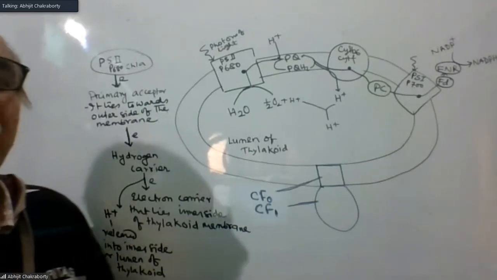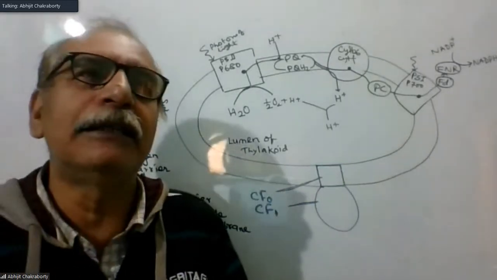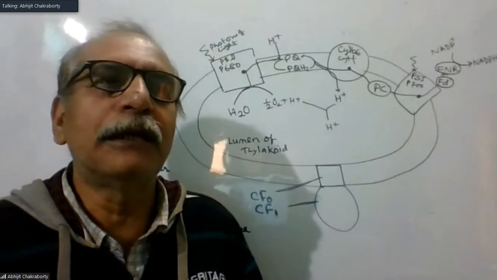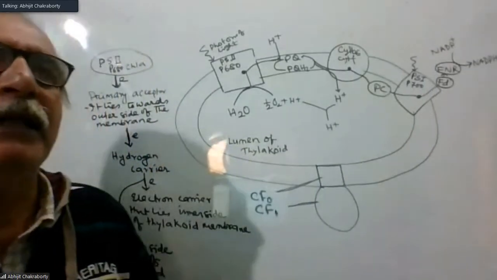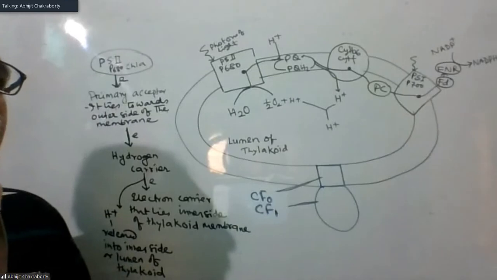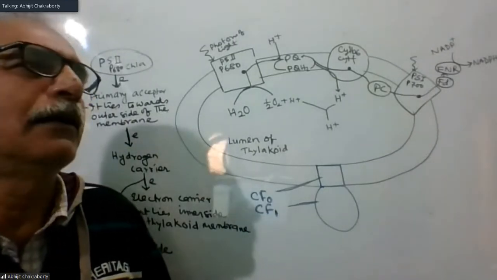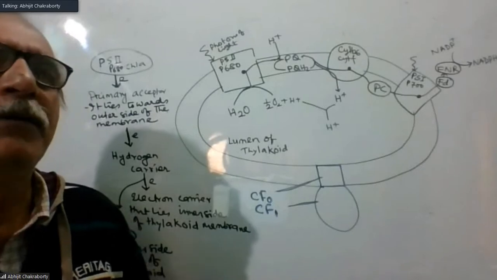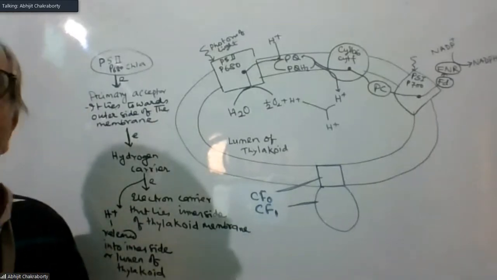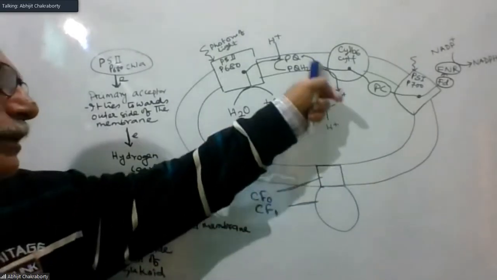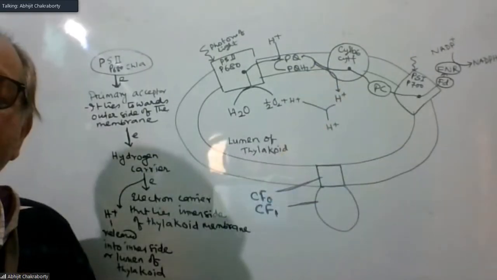The hydrogen carrier, while carrying electron, carries proton also. These protons are taken from the stroma and ultimately released into the lumen of the thylakoid. In this way, concentration of proton increases there. Clear?